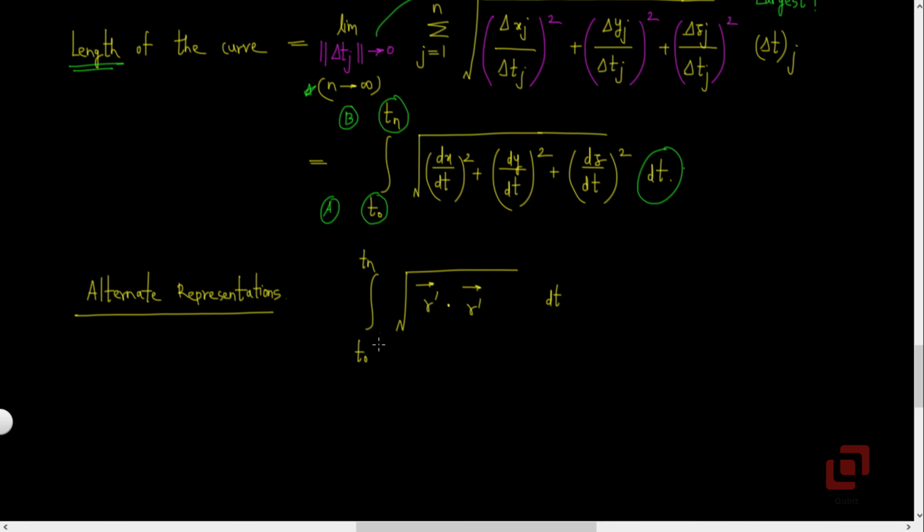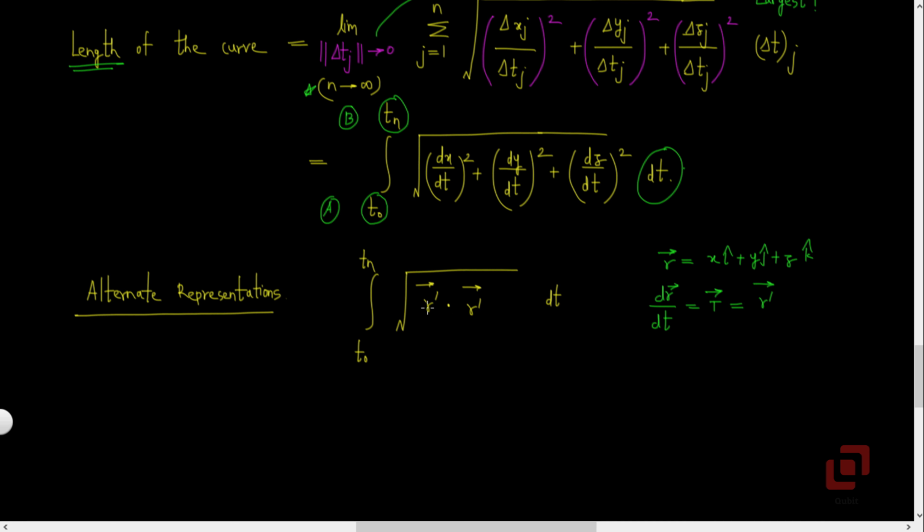The first one is integral from t0 to tn, root of the dot product of r dash bar with r dash bar. Now what is r dash bar? We have already seen that if r bar is xi plus yj plus zk, then dr bar by dt gives us the tangent vector t bar. And this t bar is being denoted by the vector r dash bar in this case.